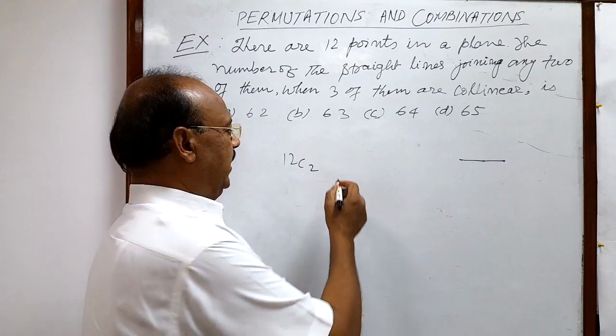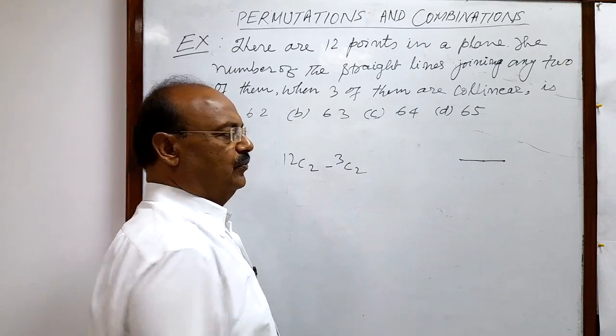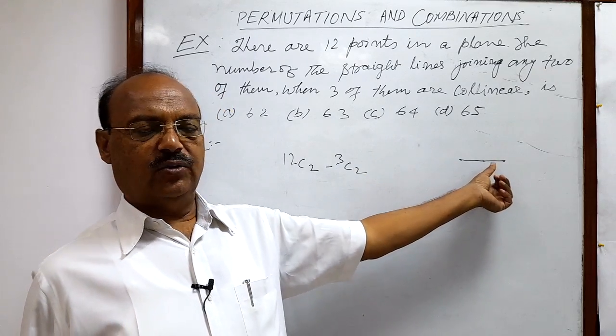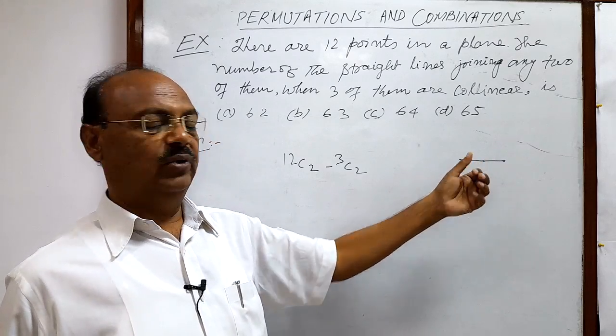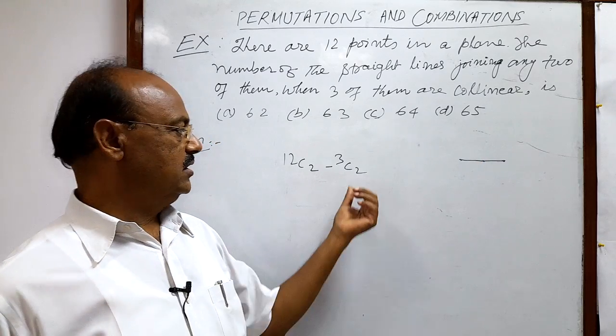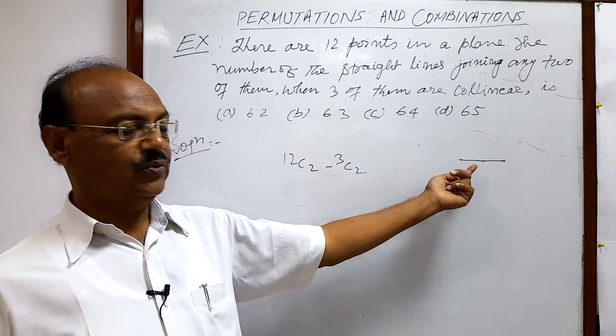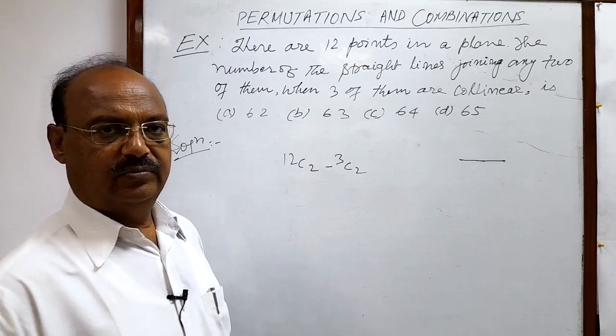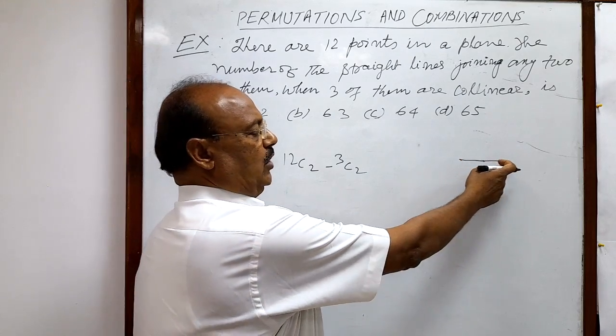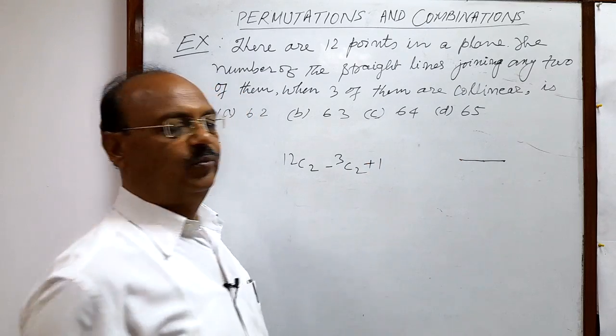Okay, so minus 3C2: out of these 3 collinear points, if we join any 2, we will not get different lines. So this case has been subtracted, but we will get at least 1 line by joining these 3 points together. So this is plus 1.